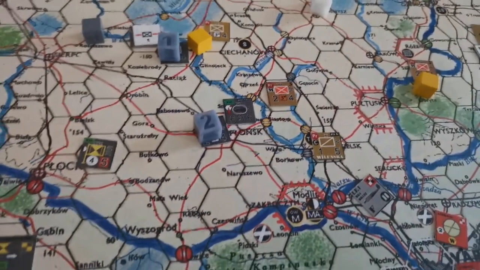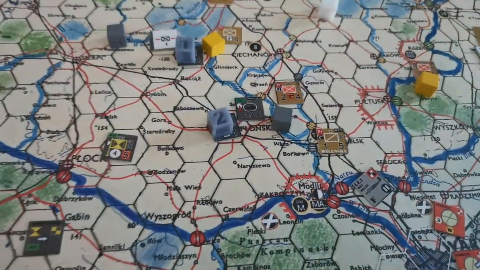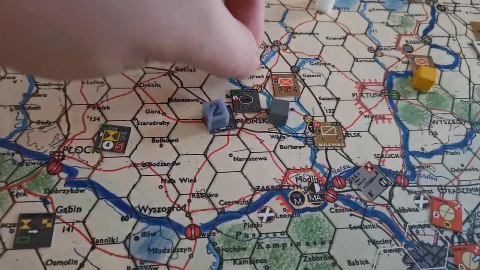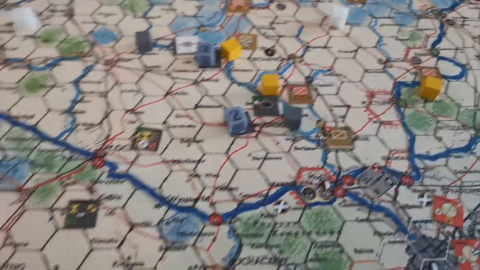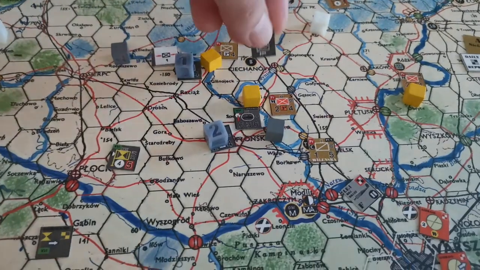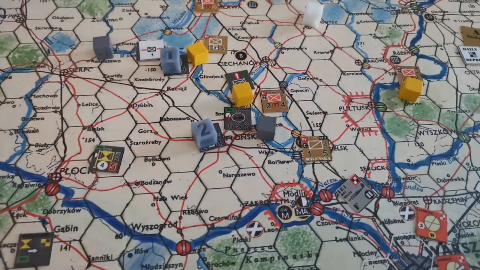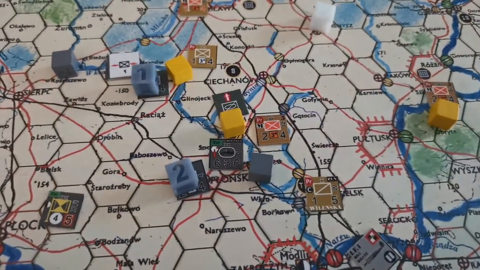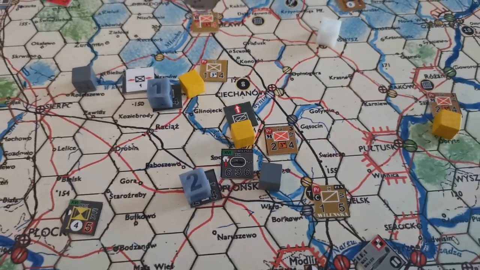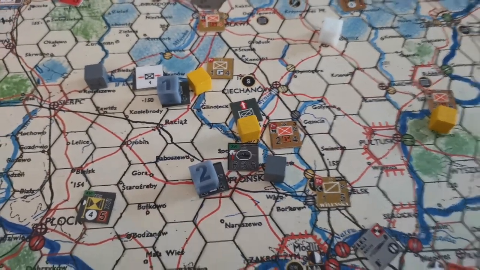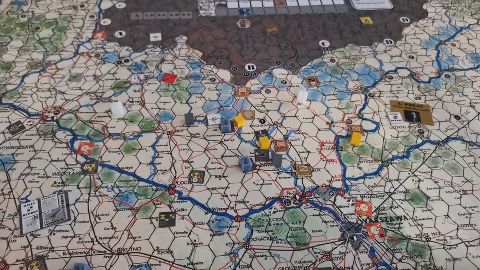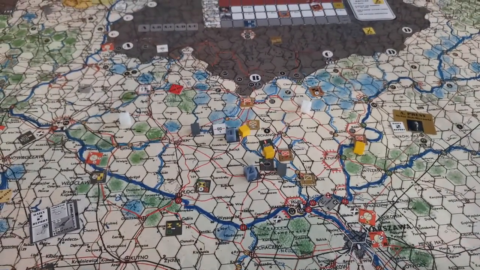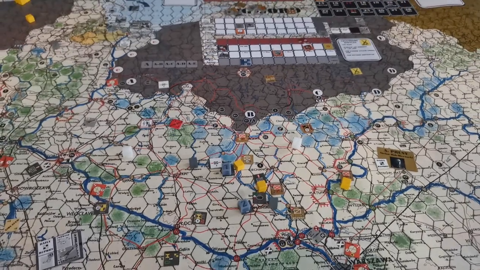Let's say this bridge is intact, but this bridge is blown. The unit has one movement point left, so it can deploy a spearhead, effectively securing this bridge to be rebuilt in future activations. So that's procedure 1A, move from the general movement order.